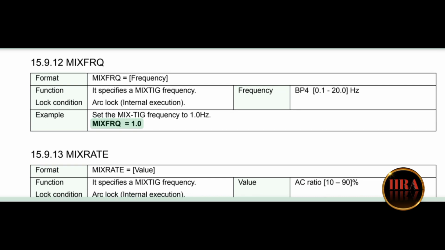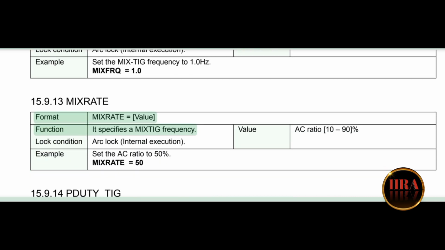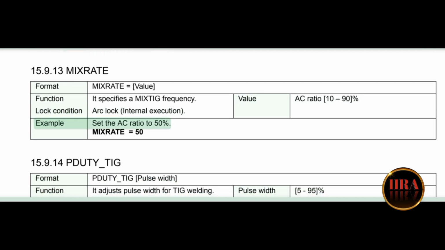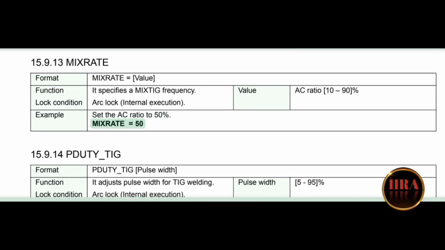MIXFRQ equals 1.0. Format: MIXRATE equals value. Function: it specifies a MIXTIG ratio. Value: AC ratio, 10 to 90%. Lock condition: arc lock, internal execution. Example: set the AC ratio to 50%.